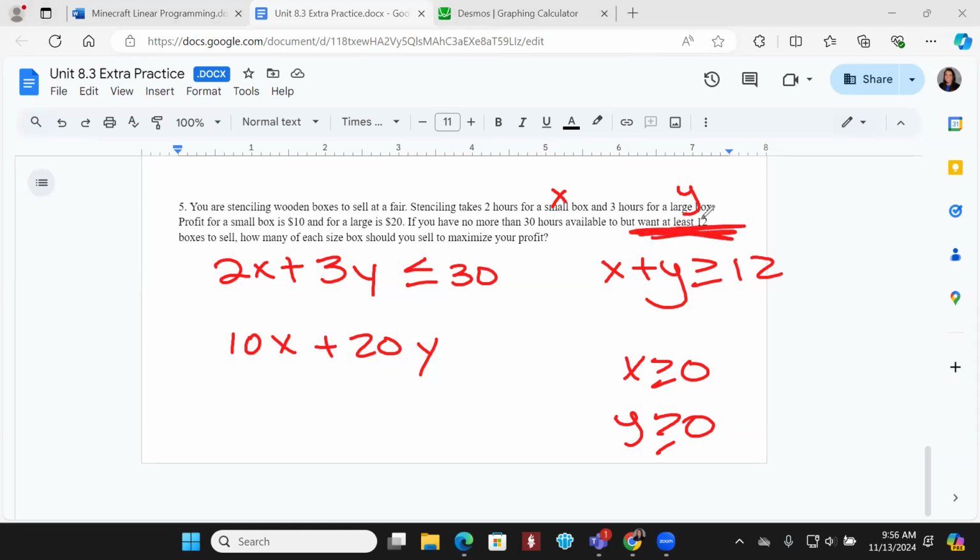So x plus y needs to be at least 12. As long as you define it, it doesn't matter, except if they define it for you. So they say, let x be whatever. For a profit function.